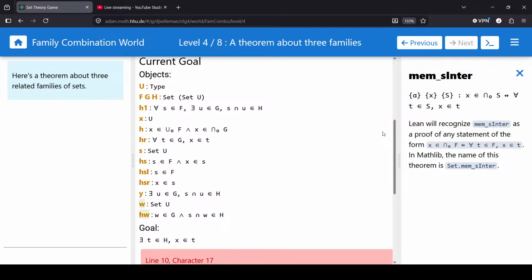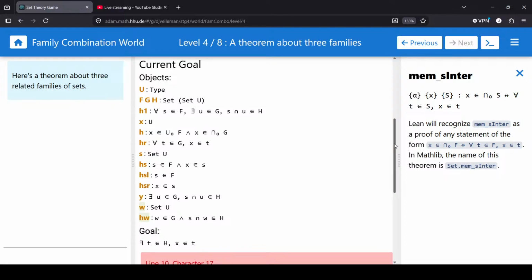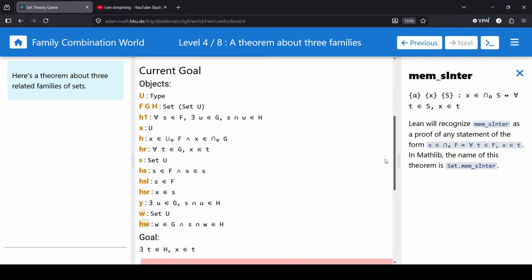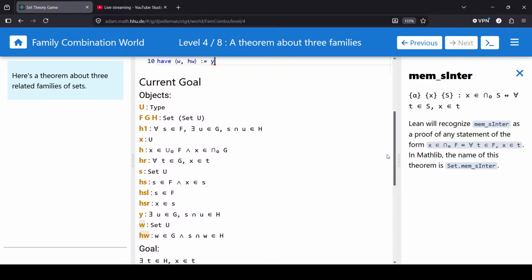For binary relations, like A in B, I usually name it HAB. Binary relation? Oh. Like A in B. I guess that makes sense.